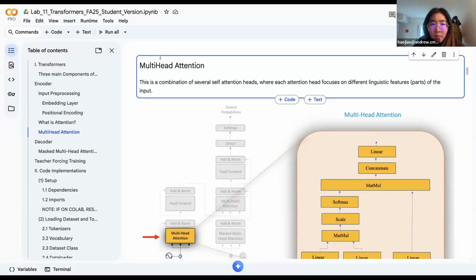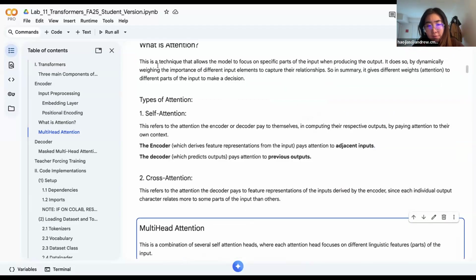The theory behind multi-head attention is that we have different self-attention heads. So we have different WQ, WK, WV matrices that we can use to map the input embeddings into different spaces so that we can capture the features in different spaces.